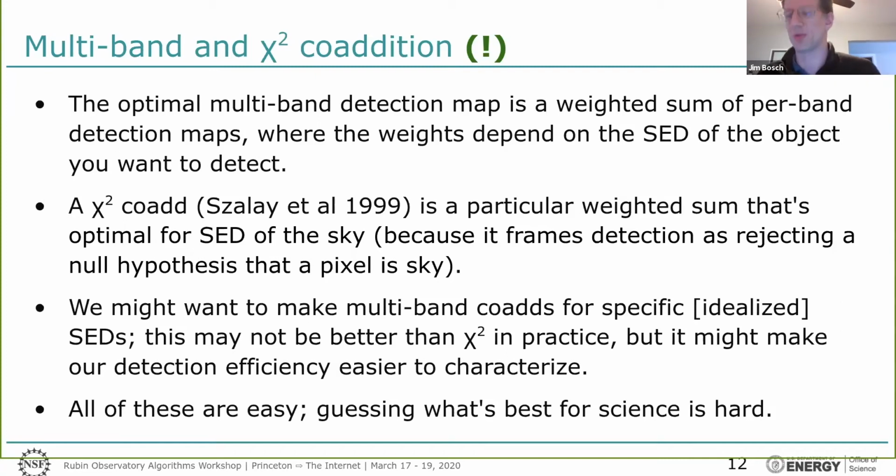It's not the way I normally think about it, but I think you can put them in equivalent terms by saying it's optimal for the SED of the sky. You can also imagine making multiband coadds for specific idealized SEDs, maybe just something that's red with some linear slope. All of these ideas of combining coadds across bands are easy to implement. I think the hard part is just guessing what's best for science and which combinations are worth actually doing.